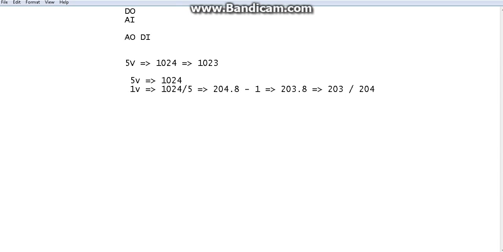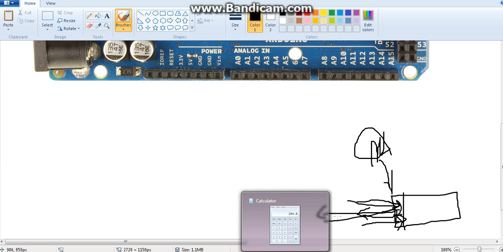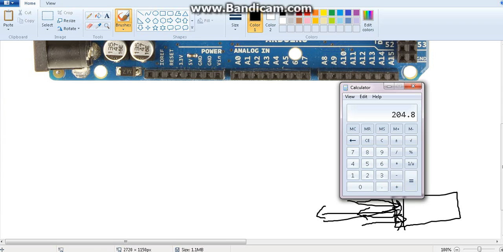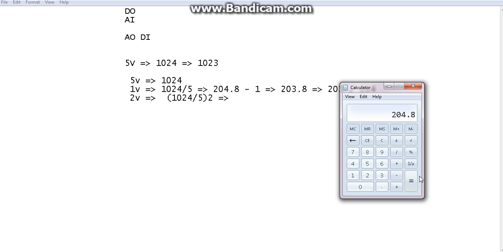So let's say it is 2 volts, what will happen? For 1 volt we calculate 1024 by 5, and you have to multiply it by 2. So I have to multiply the 204.8 by 2.